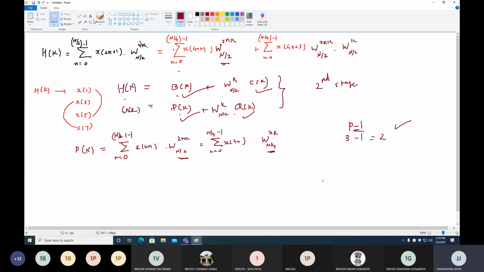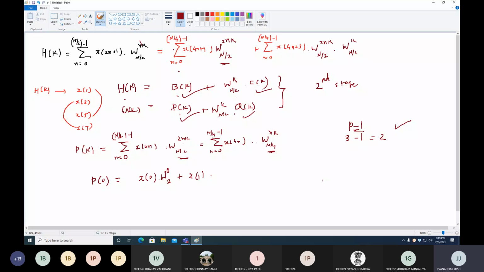So now, expanding this, we have x of 0 into W2 raised to 0. See, n by 4 is 2, so this is P of 0, right? So k is 0. So W2 raised to 0 plus x of 1 into, because n is now varied from 0 to 1.